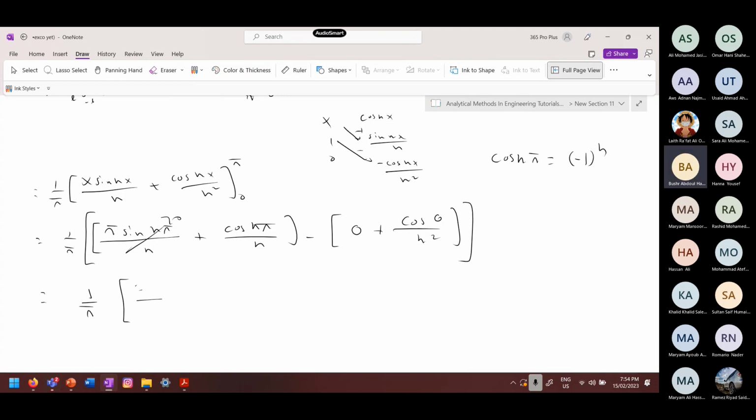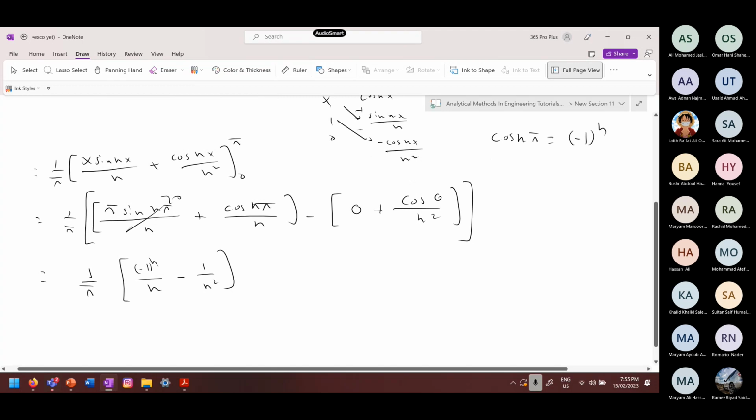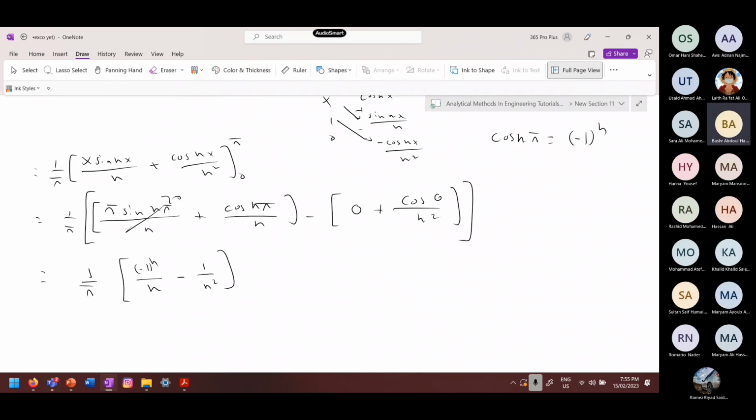So you'll get (-1) to the power n over n squared minus 1 over n squared. Is this correct? Just a minute, please. Sorry, this is an n squared here. Okay.